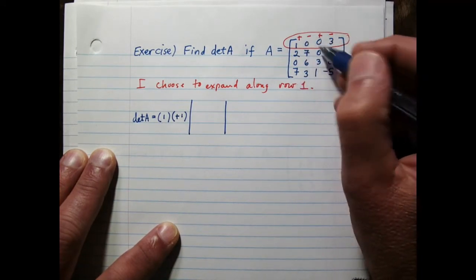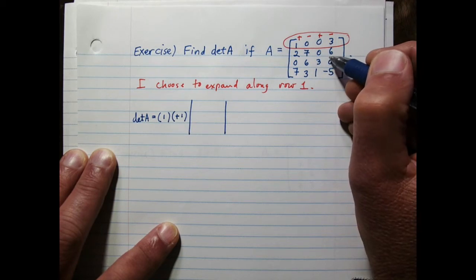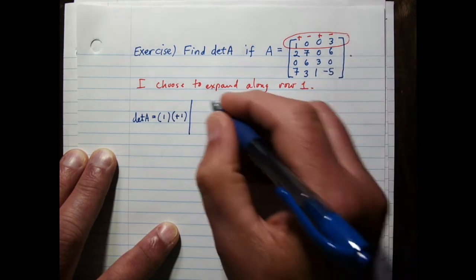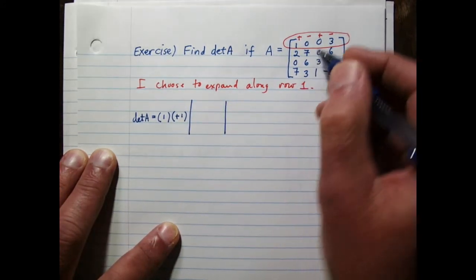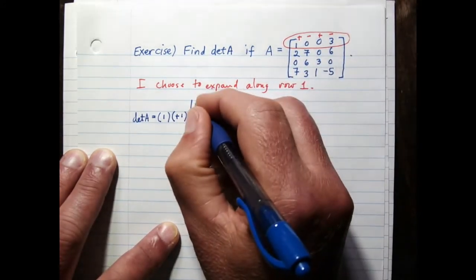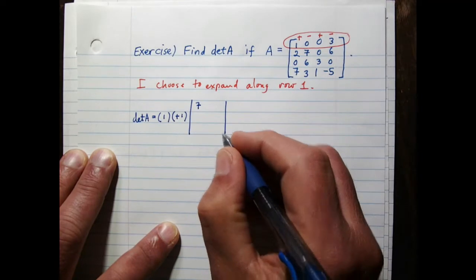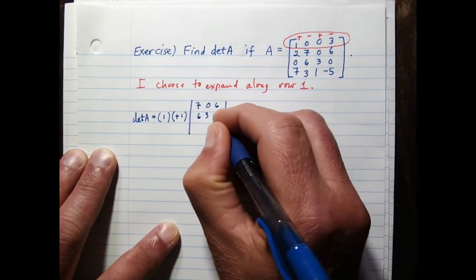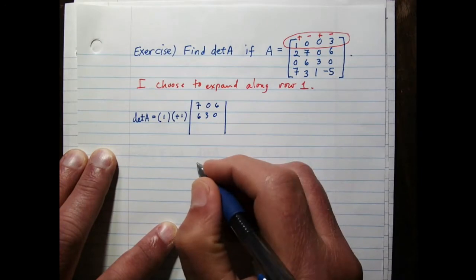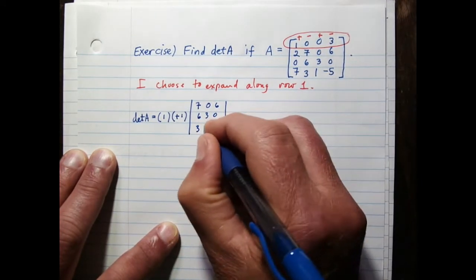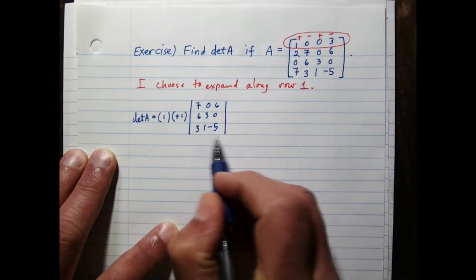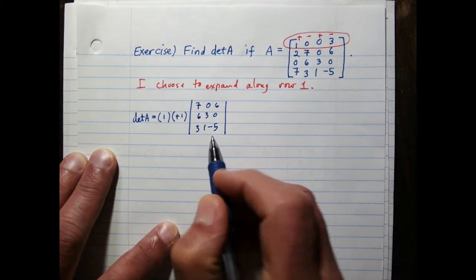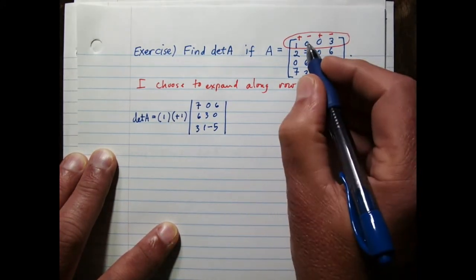Now I'm going to get a 3 by 3 determinant to calculate, which is still a messy problem, as we shall see. So remove the row and column for the entry 1. I get 706, 630, and 31, -5. So that's a whole problem I've got to figure out yet, the determinant of that. But now let's move on to the next entry.